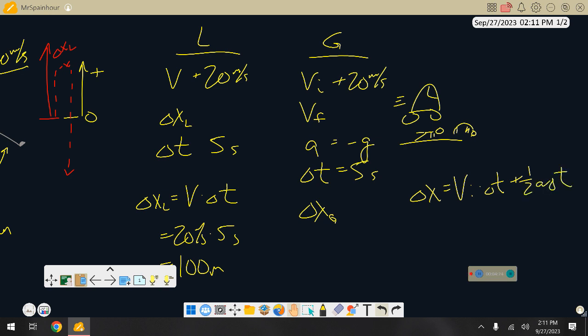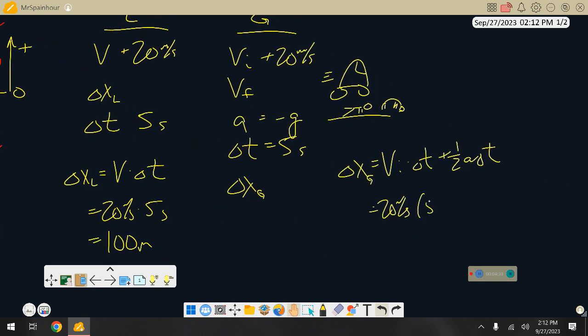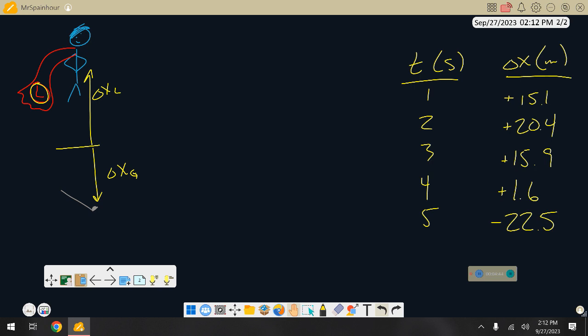And this is simple plug and chug. We already have displacement, so this would be 20 meters per second times 5 seconds plus 1/2 times negative g times 5 seconds squared. And the final answer on that should be negative 22.5.